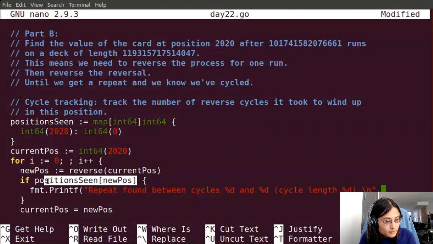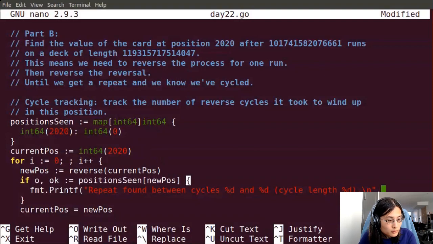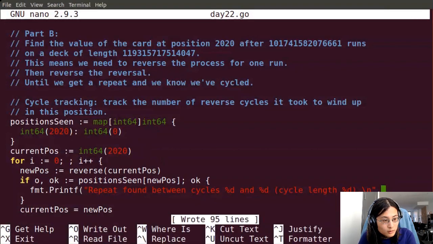All right. Actually, that starts from cycle number 1.